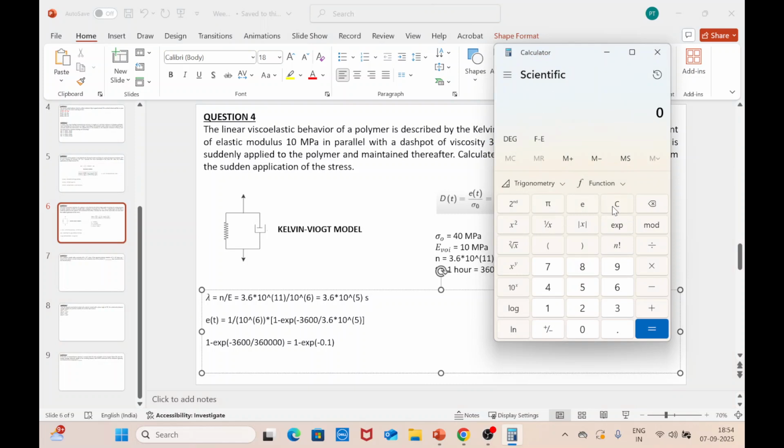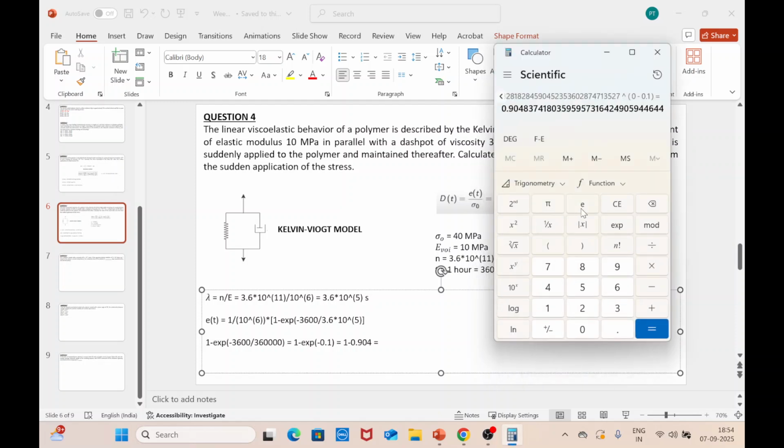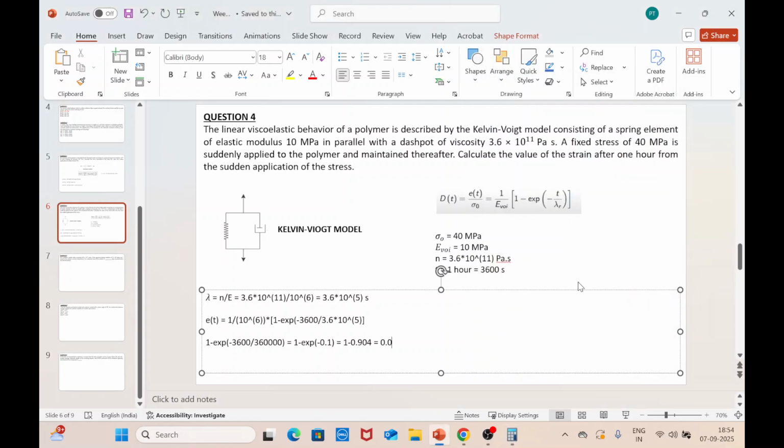Similarly, like last time, exponential of minus 0.01 is 0.904, so that is going to be 0.096.